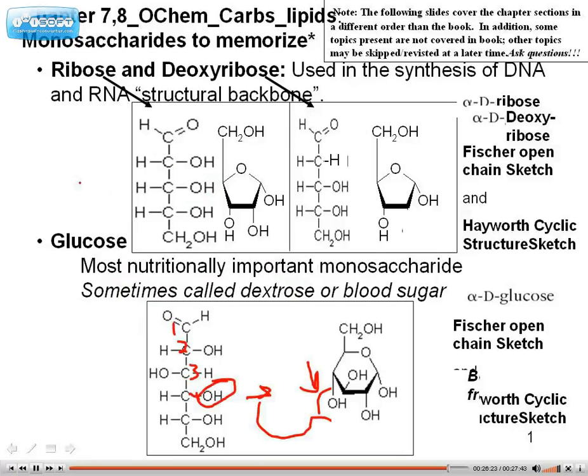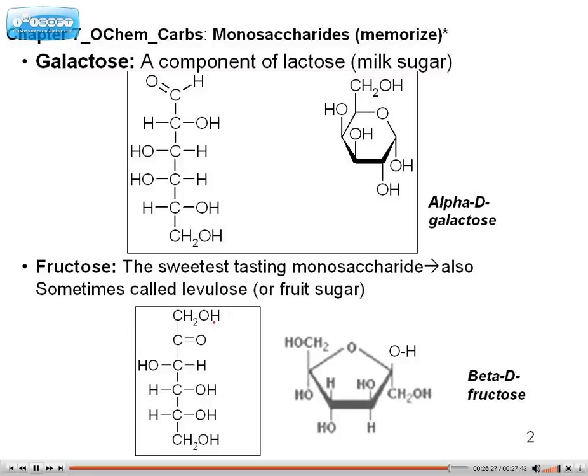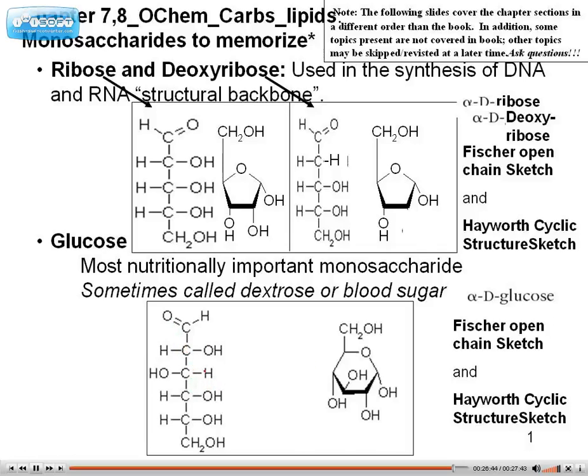The big difference between glucose and fructose is basically we've moved down the carbonyl group. So notice everything else is the same. Here you have the carbonyl group, left, right, right. This is where the carbonyl group is, but everything else is the same, left, right, right.